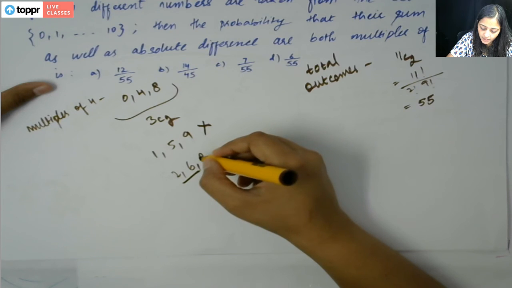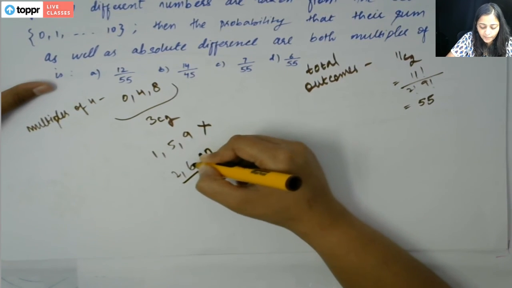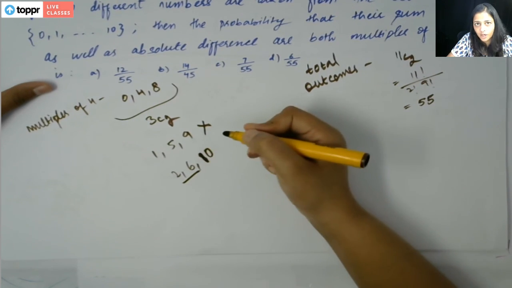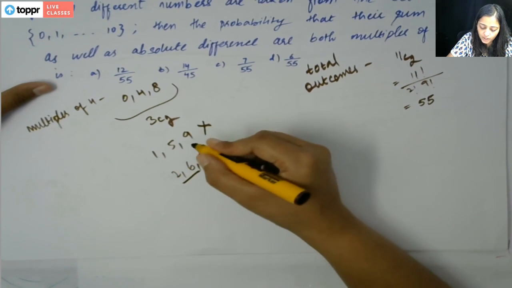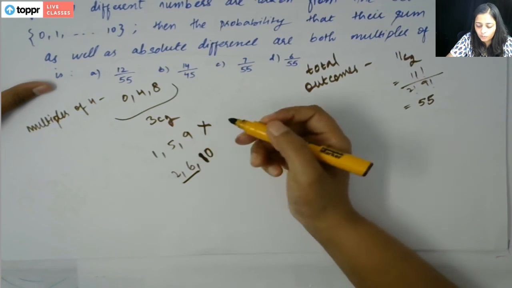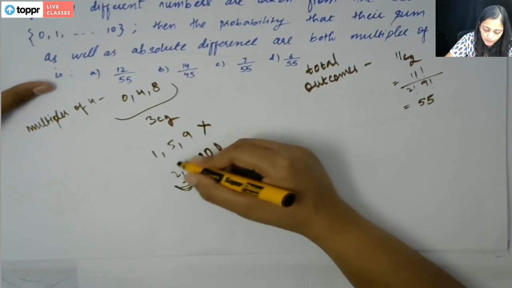And if we take 6, 10, so 10 minus 6 is 4 and 10 plus 6 is 16, both of which are multiples of 4. And if we take 10 and 2, it is 10 minus 2, 8 and 10 plus 2, 12. Both of them are multiples of 4. So we can take any two numbers from these three.